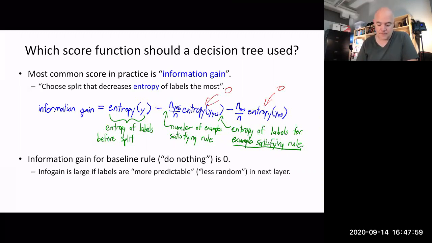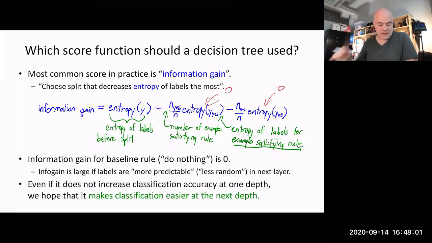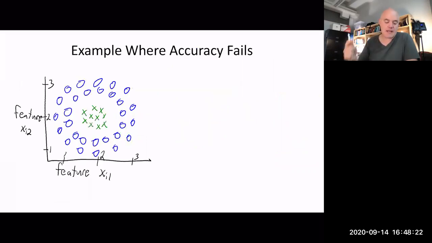So the point of this being the thing you should maximize inside the decision stump learning algorithm is that even though you might not be able to increase classification accuracy at one depth, we hope it makes classification easier at the next depth, and it does.